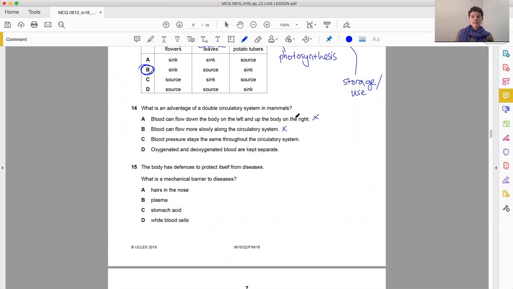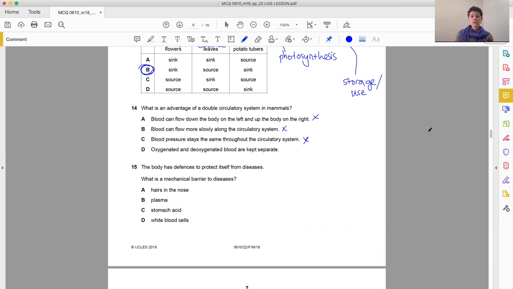Blood pressure stays the same throughout the circulatory system. Absolutely not. We don't want the same pressure in our lungs and in our aorta, for example. We want high pressure blood in that aorta, and we want lower pressure blood in the lungs, and our veins have even lower pressure. So definitely not the same pressure throughout.